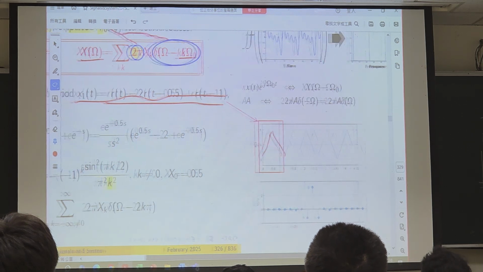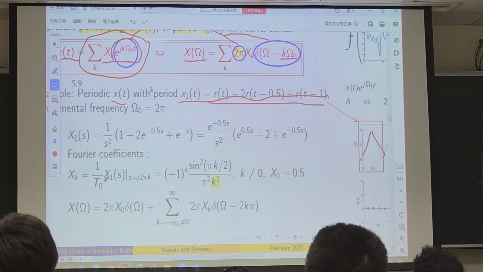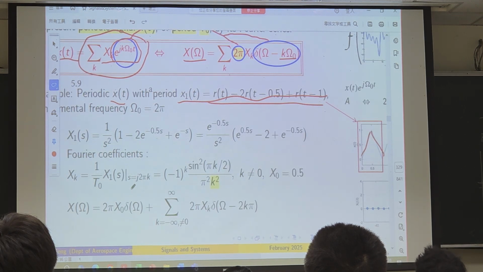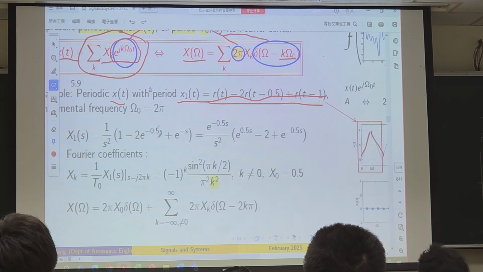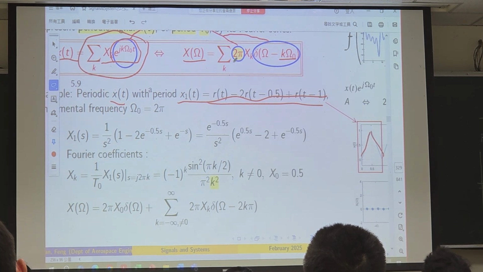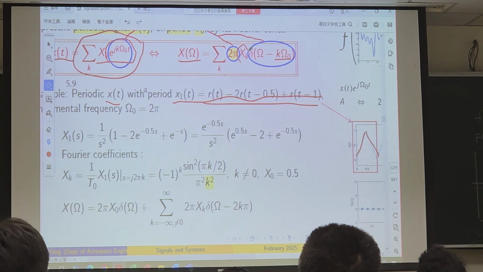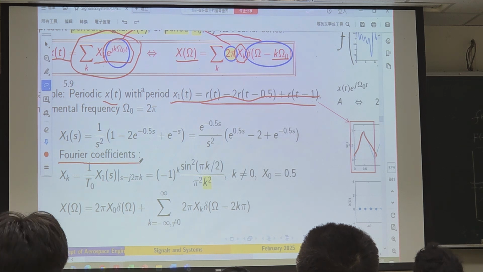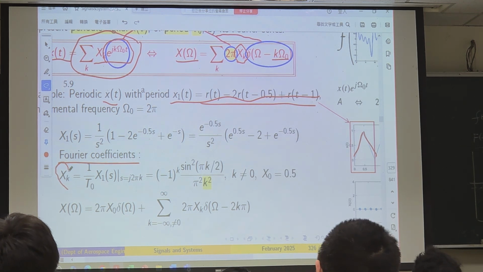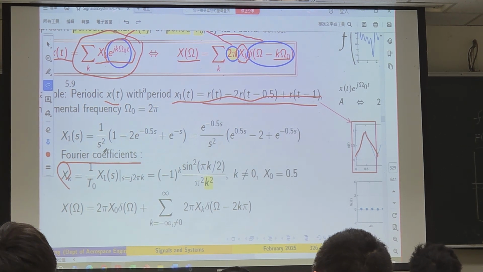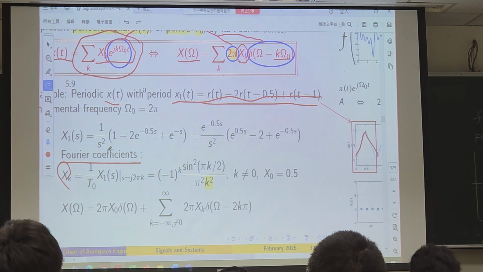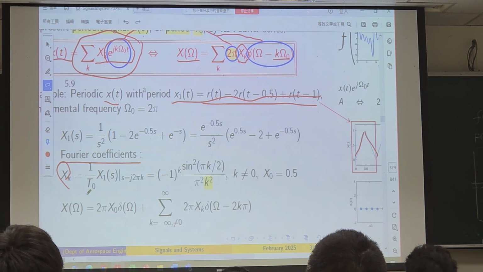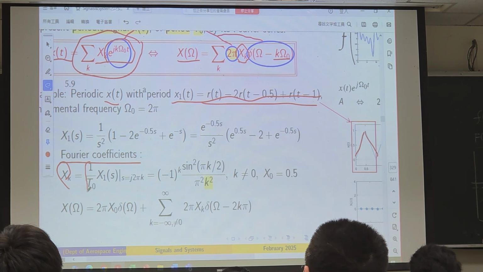All right. So now if I implement the previous result, I have to find what are the corresponding coefficients x of k first. So the Fourier coefficients x of k, by our previous analysis, is given by 1 over t sub 0.